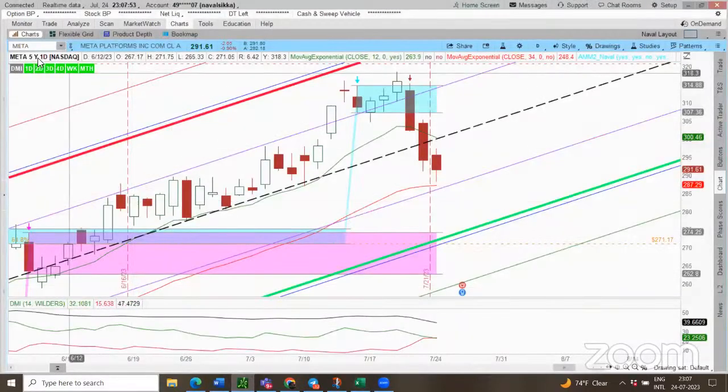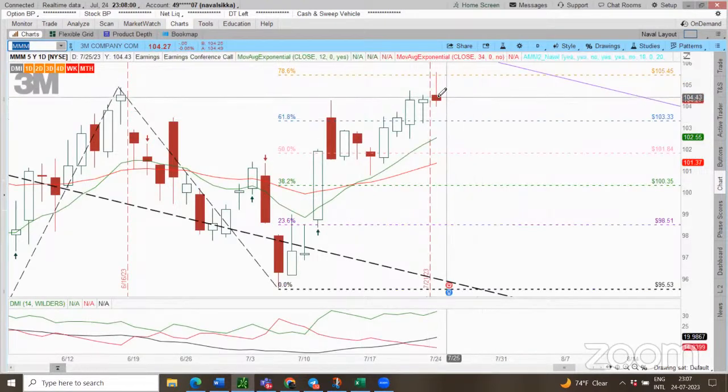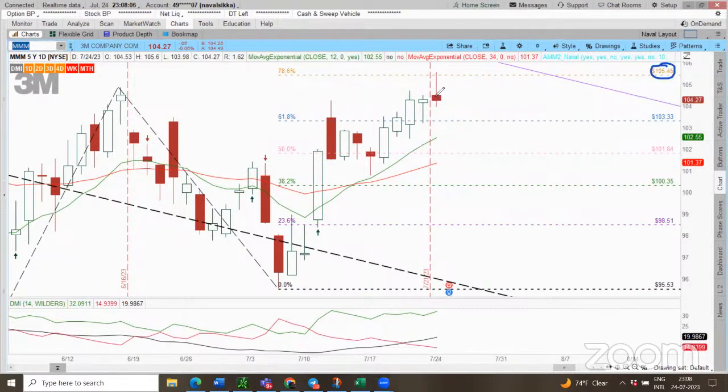Triple M, I was trying to take a trade, but in the end, I couldn't make up my mind because it made a hammer on the top, which is a potential change of trend. This was the 105 area, and then it made a hammer. Again, it was an inside day and then went back into an inside day. So I didn't know what to do.